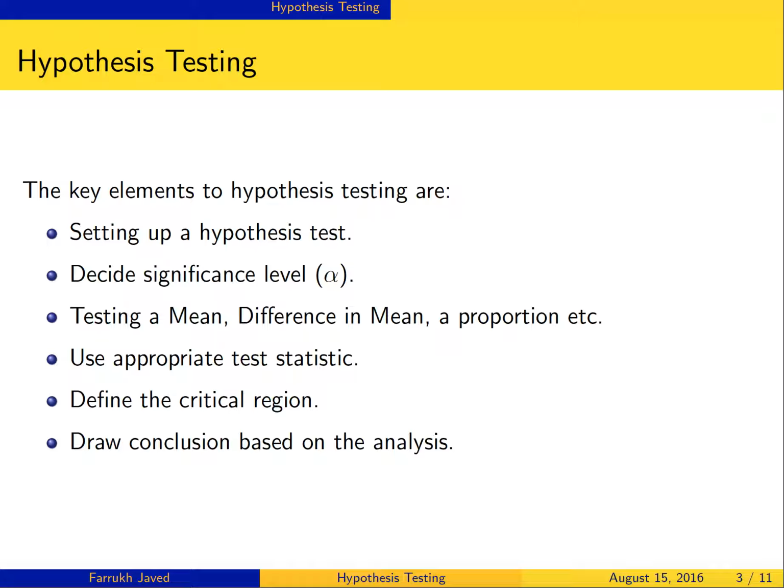I discussed briefly in my previous session the steps required for hypothesis testing, but this part of the lecture will focus entirely on that. The key elements of hypothesis testing are, first of all, you set up a hypothesis which you want to test. For instance, from our previous session, we discussed sample mean being equal to population mean or sample proportion being equal to population proportion.